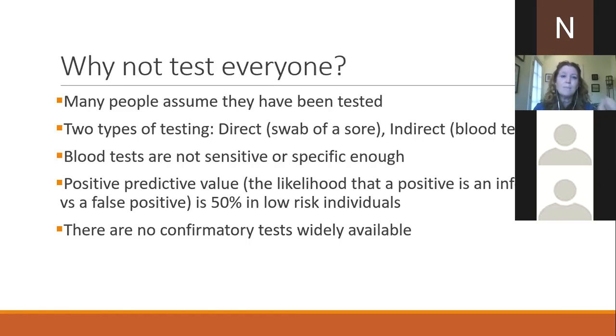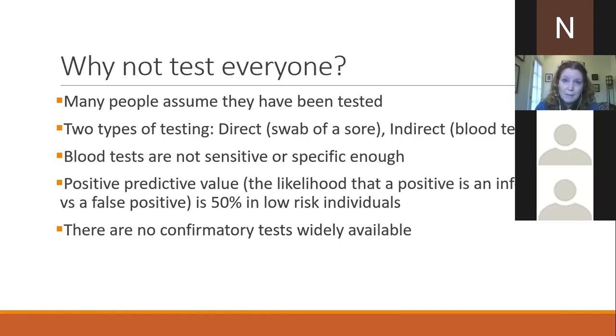We can do a swab. That's an excellent test. It's very sensitive and very specific. But if you don't have a sore, you're not having any symptoms, you just kind of want to know if you have it or not, that means that we need to do a blood test. And those tests are not that great. They're not as sensitive. They're not that specific.